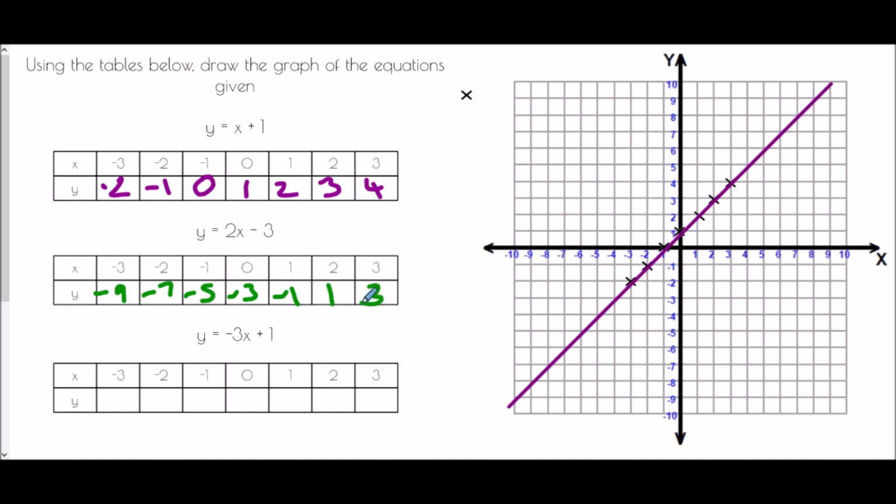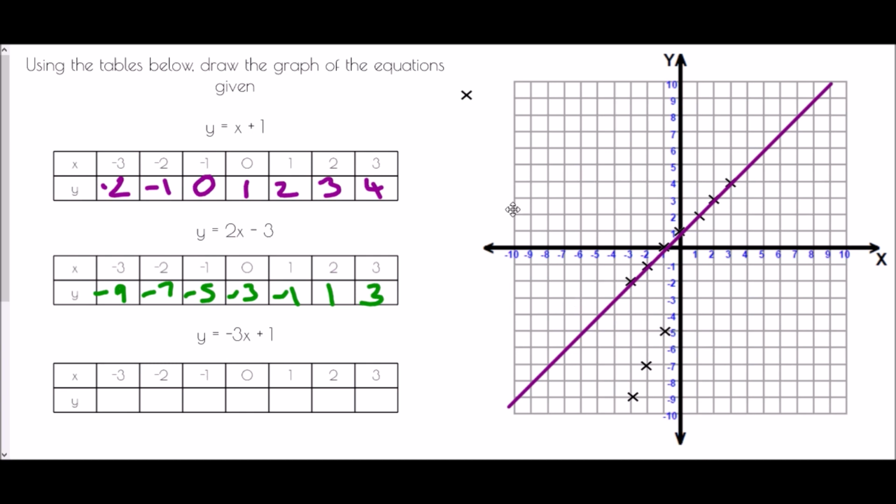And again, what that's allowed us to do is form a set of coordinates. So negative 3, negative 9 is our first coordinate. Negative 2, negative 7. Negative 1, negative 5.